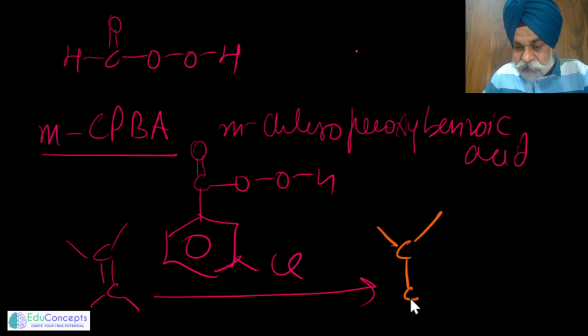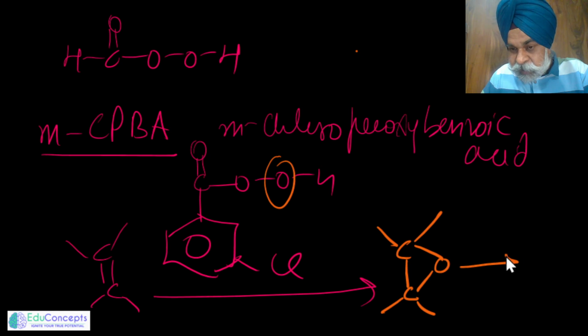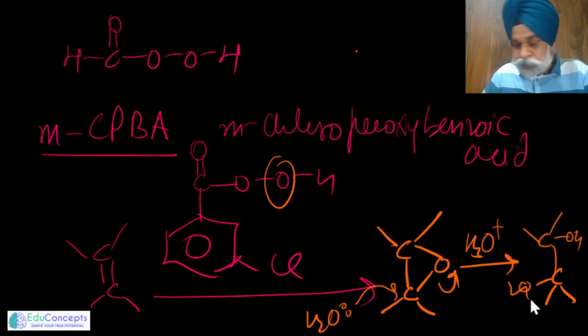I have made a video on this, see the link shown above. This converts the double bond into an epoxide, and because of the angle strain in this 3-membered ring, if you hydrolyze it, it immediately opens, with the water attacking from the rear side, and it opens like this. As a consequence, you end up getting the anti-addition. So this you should also remember.